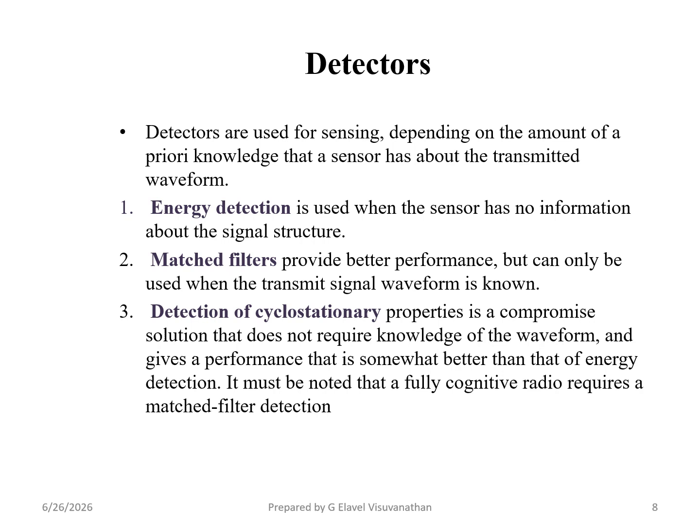Here we are going for three types: energy detection, matched filter, and detection of cyclostationary property. First, energy detection. It is used when the sensor has no information about the signal structure.